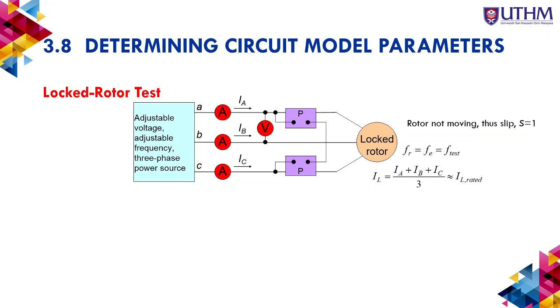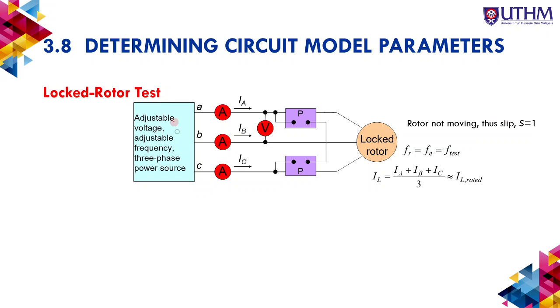The third test that can be performed on an induction motor to determine its circuit parameters is called the locked rotor test, or sometimes the blocked rotor test. This test corresponds to the short circuit test on a transformer. In this test the rotor is locked or blocked so that it cannot move. A voltage is applied to the motor and the resulting voltage, current and power are measured.